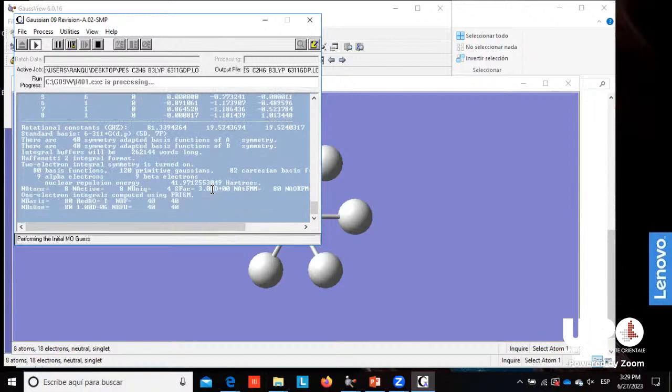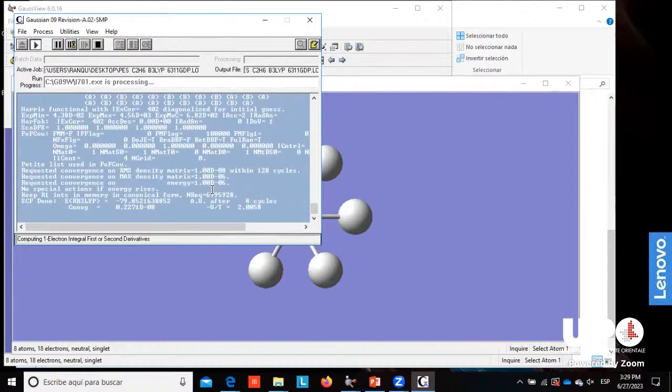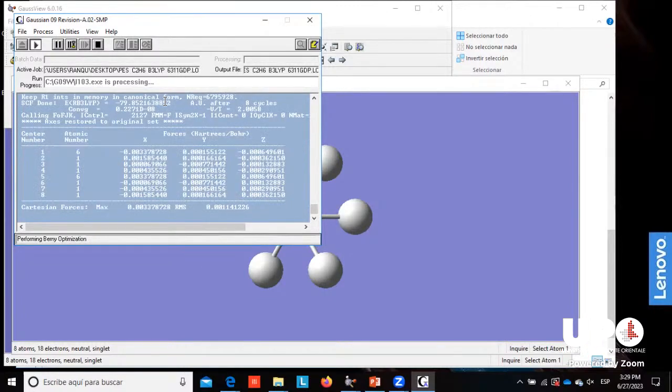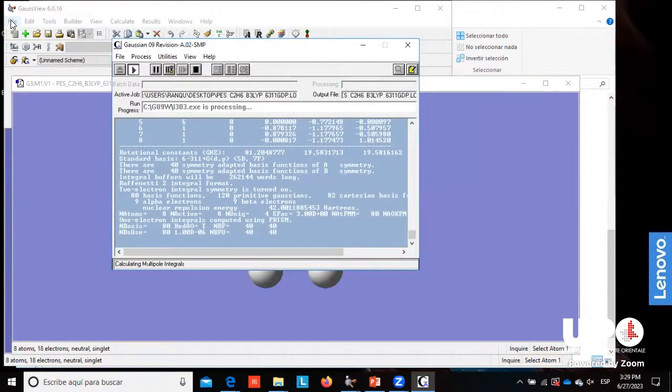Did any of you finish? No, okay, so this is taking a while. So maybe I was too optimistic with the basis set. Actually, I think I can already open it, I hope I don't spoil the calculation because it's changing.